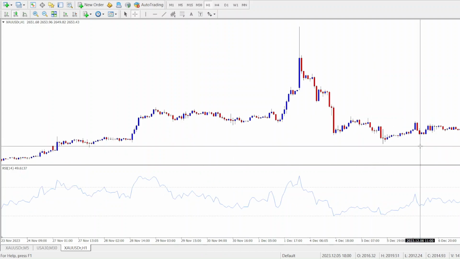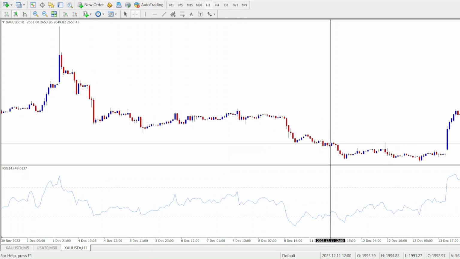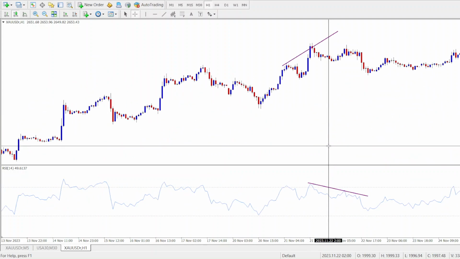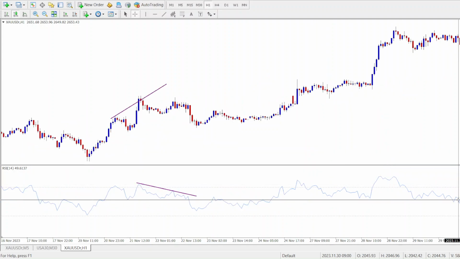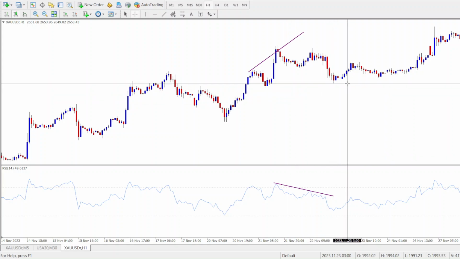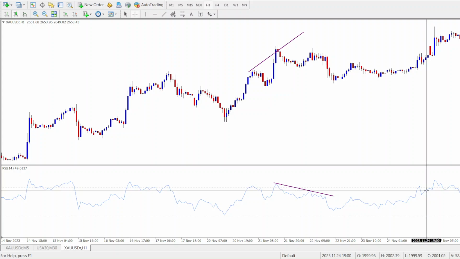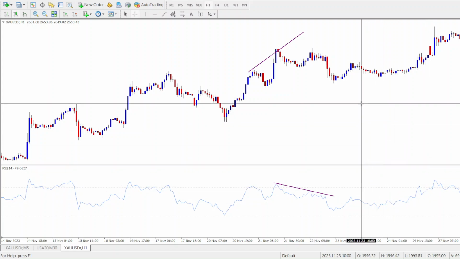Well, that took quite a long while before it entered the oversold. However, if you are comfortable with waiting until the price enters the oversold, that's absolutely fine. You can either use a support level to exit your sell trade, or you can even use other indicators for additional confirmations, or you can wait for the RSI to enter the oversold level before you close your sell trade.